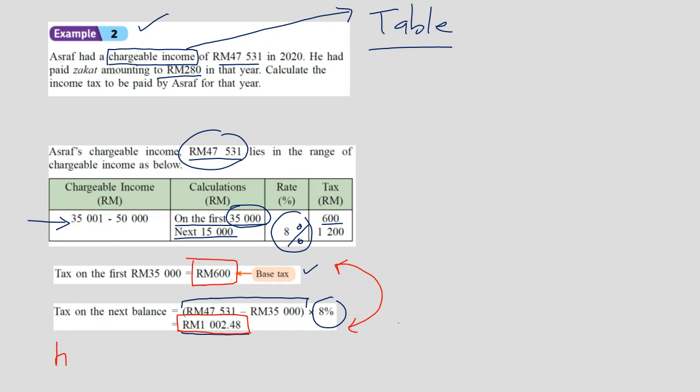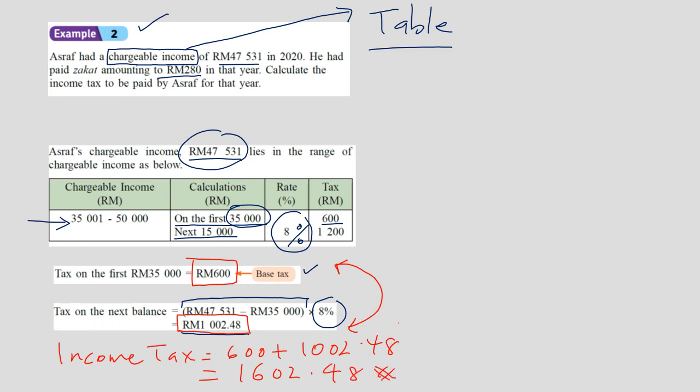Your income tax will be 600 plus 1002.48. That is how much? 1602.48.